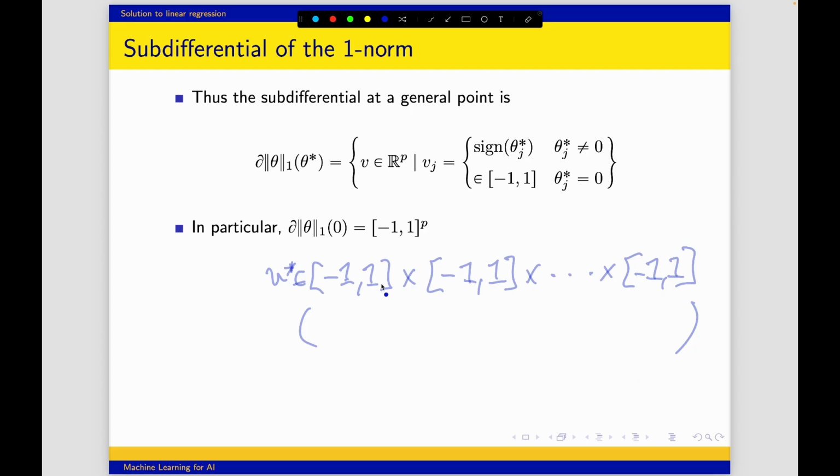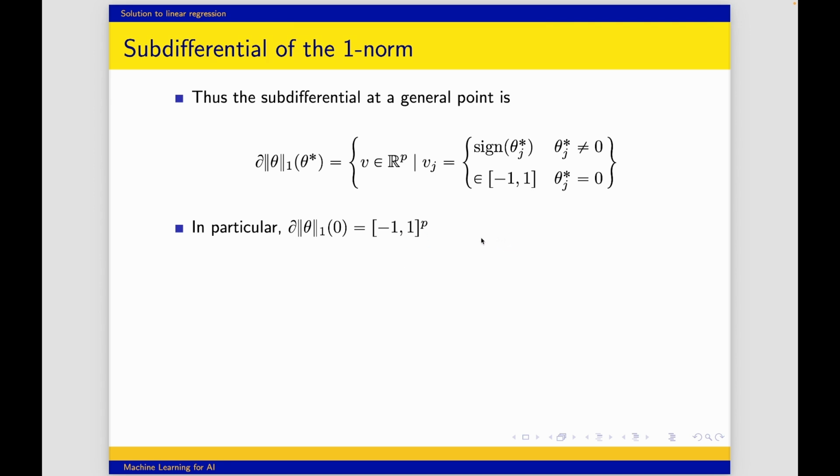We can think of it as a vector, isometrically isomorphic to R^p. Any number in here, let's call it v star 1, and then v star 2 is any number in here, the third one will be any number in the third one, and so on and so forth, and the p-th one will be any number in minus 1 to 1. So that's what this means. That's the extreme case where all of the components are 0.